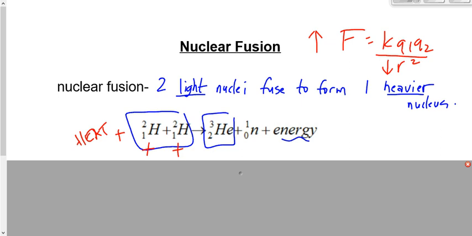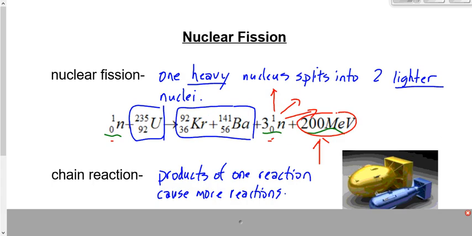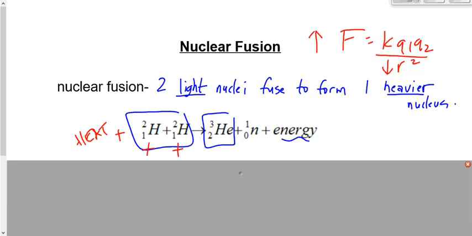In a similar way to the way neutrons, the products, help sustain fission, some of the energy from this reaction can go into causing more hydrogen to fuse, producing even more energy, which can cause even more hydrogen to fuse, and so on.